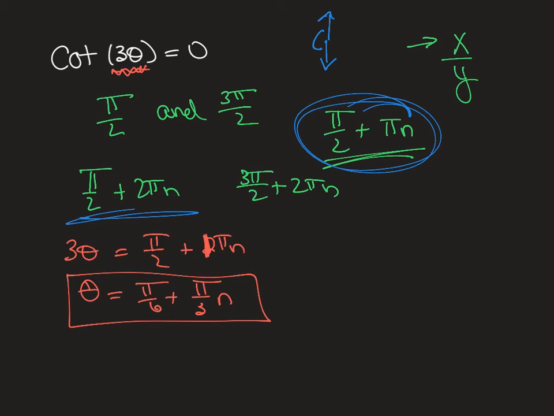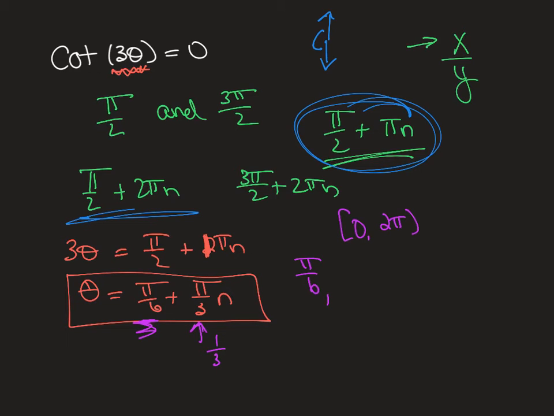And then if I wanted those solutions from 0 to 2 pi, remember what you're going to do is start with that first angle you got, pi over 6, and then just add 1/3, right? And you can do this in your calculator. That's all you've got to do, just add 1/3.